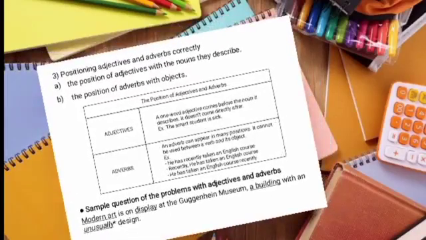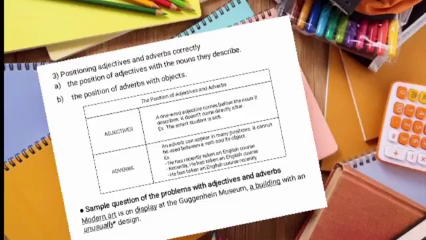And the last point is positioning adjectives and adverbs correctly. There are two common errors of this type that we should be aware of. The first is the position of adjectives with the nouns they describe, and the position of adverbs with objects.